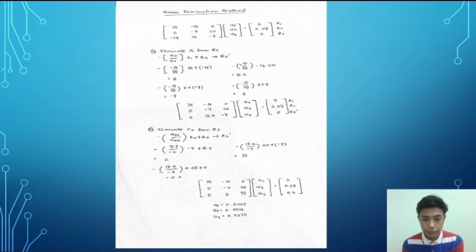So from that we can search for U2, U3, and U4. So for the value U2, U3, and U4, we get the value. For the U2 we get 0.0005. For U3 we get 0.0014, and U4 we get 0.0030. Okay, that's all from me.